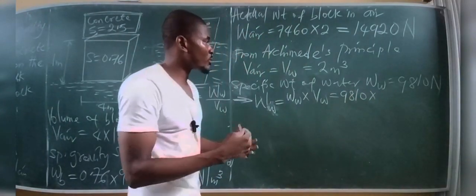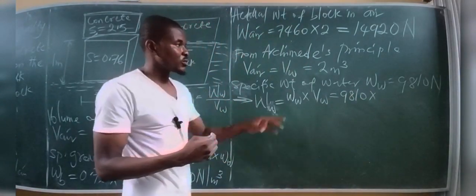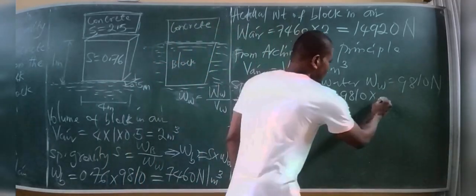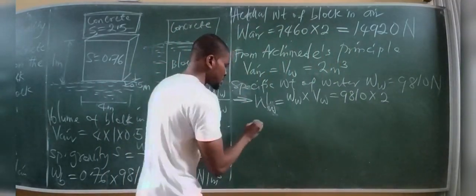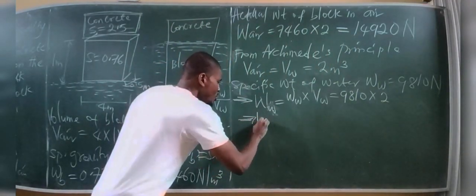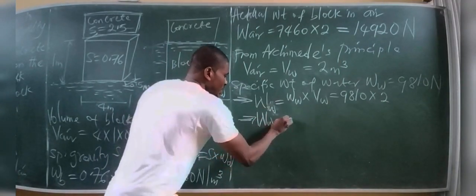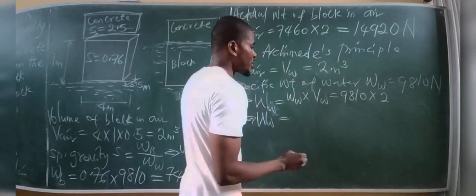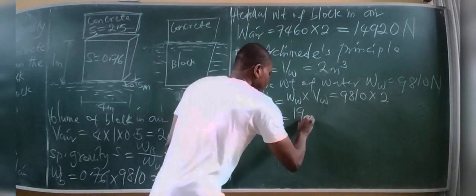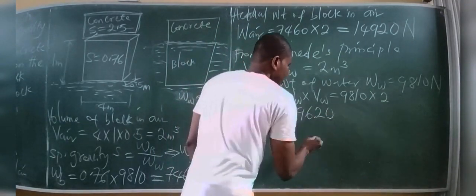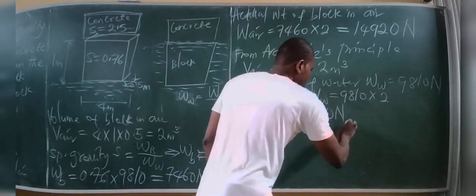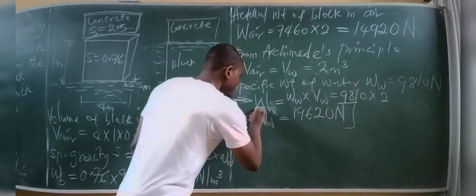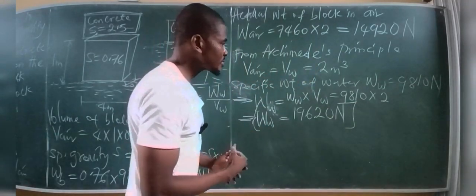Now this is still the volume of the object in air, which is 2 meters cubed. So multiply by 2 meters cubed. So the actual weight of the object in water is now equal to 19620 newtons. So this becomes the weight of the object in water.